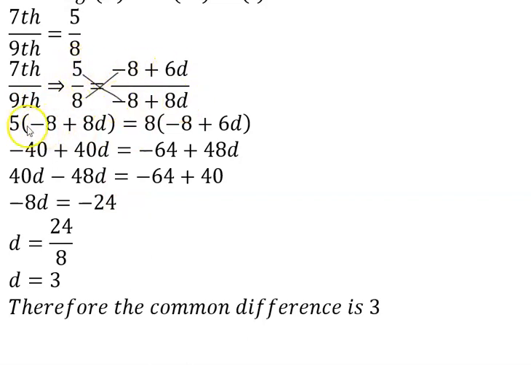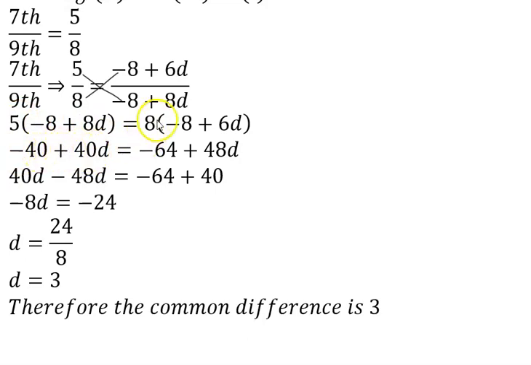So 5 times minus 8 plus 8d, then 8 times minus 8 plus 6d. So let's open up the bracket. 5 times minus 8 will give us what? Minus 40. It's just like saying 5 times 8 is 40, and the minus sign will reflect. 5 times 8d will give us what? Plus 40d.